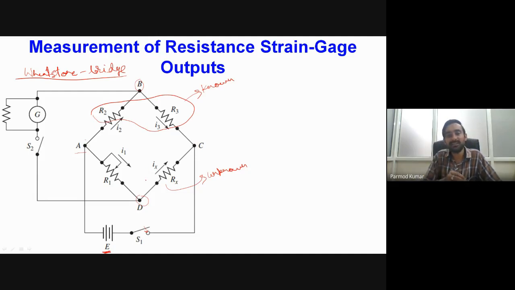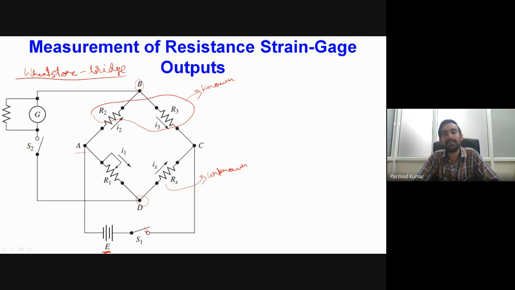Now you can clearly see that we are subjecting this entire circuit to some voltage E. Because of that voltage E, we will have a certain drop of voltage across each of the resistors. When the bridge is in the balanced condition, the voltage reflected here will be zero.